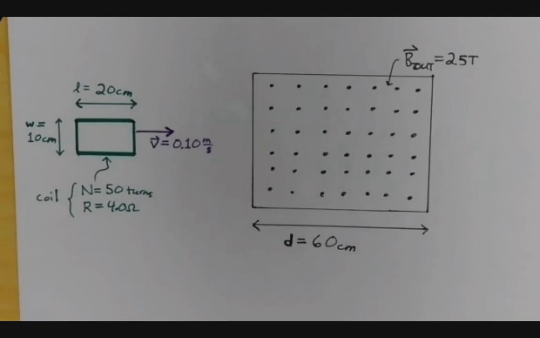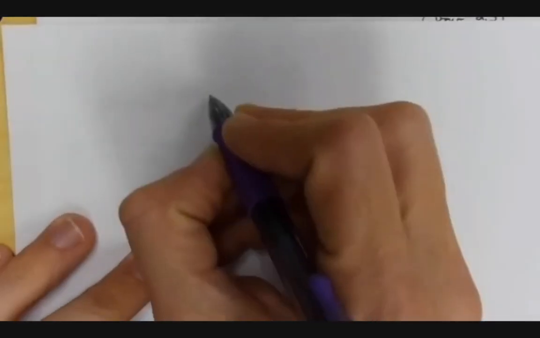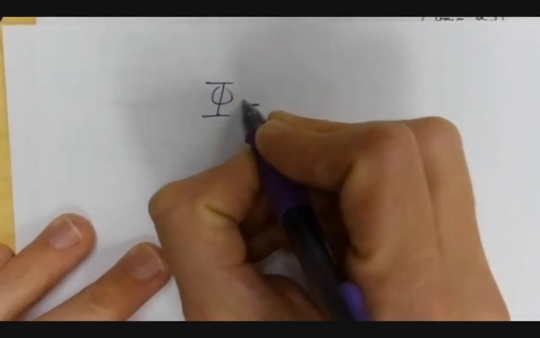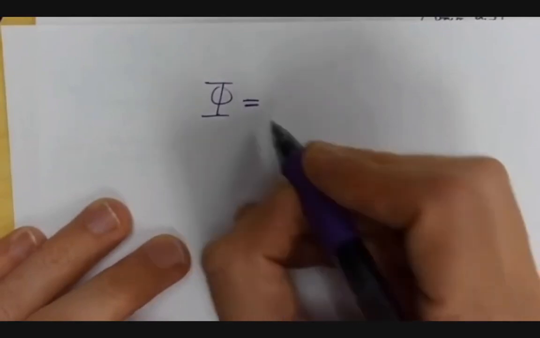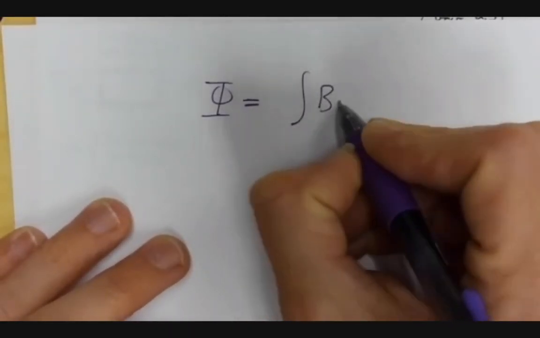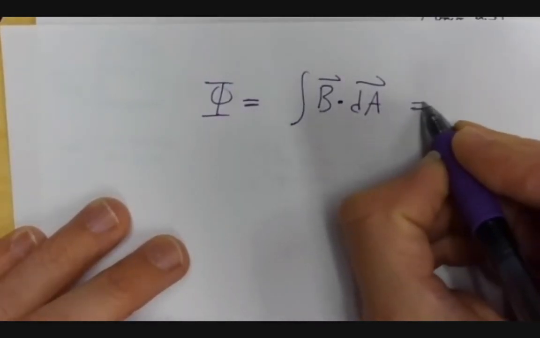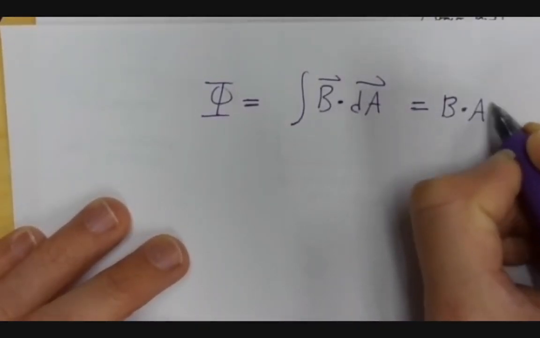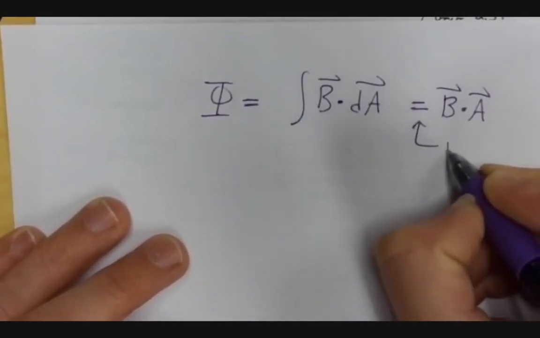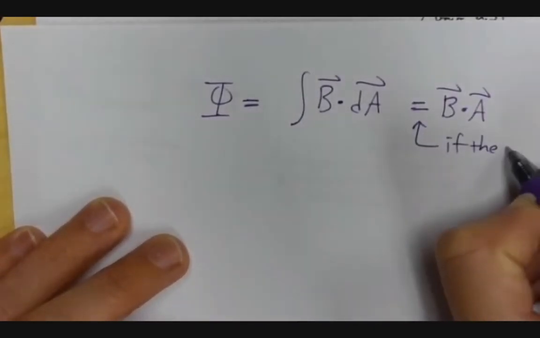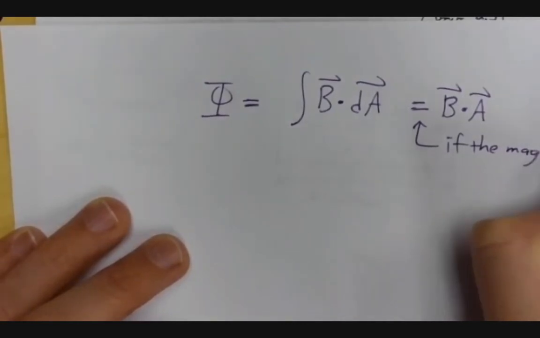Faraday's law, which I'll put up here. This is the situation we're going to talk through. The two main equations from chapter 33 would be the definition of flux, which is B dot dA, and this will equal B dot A if the magnetic field is uniform.